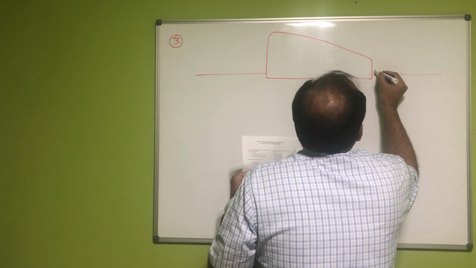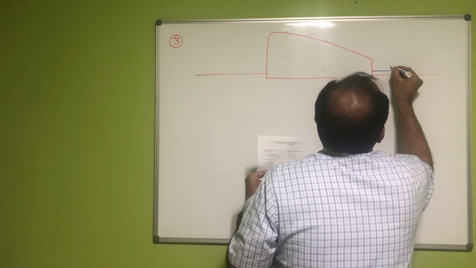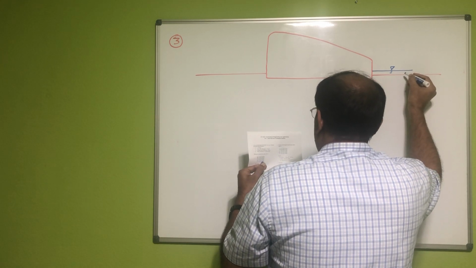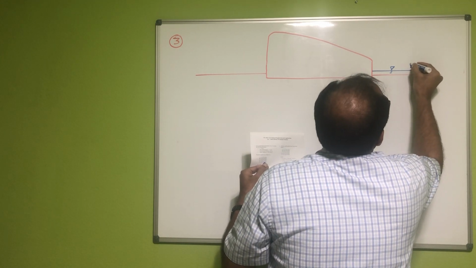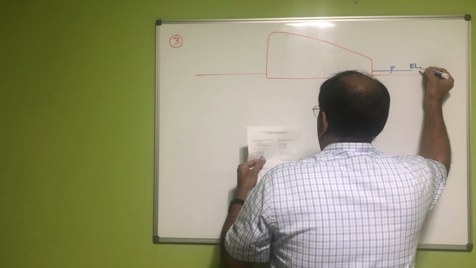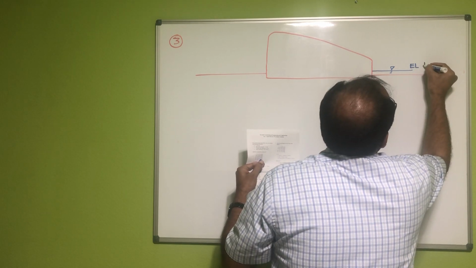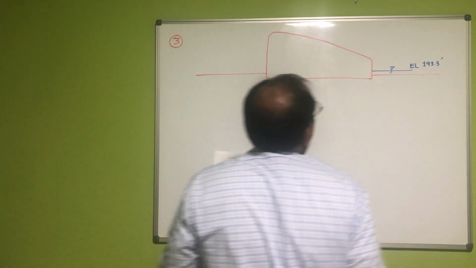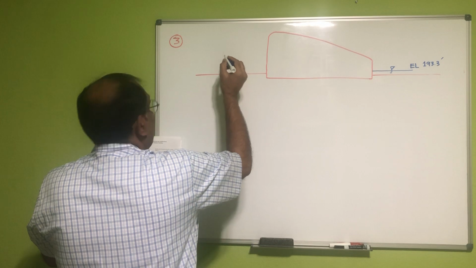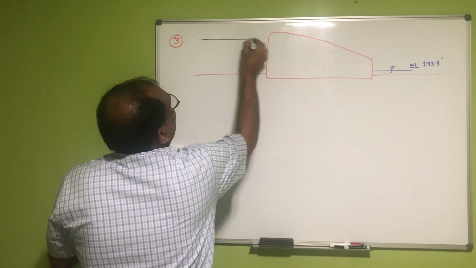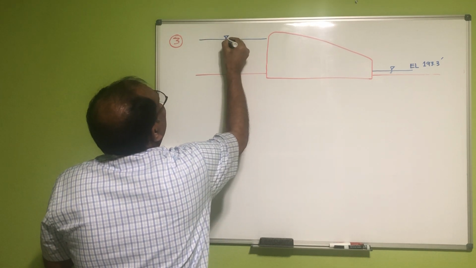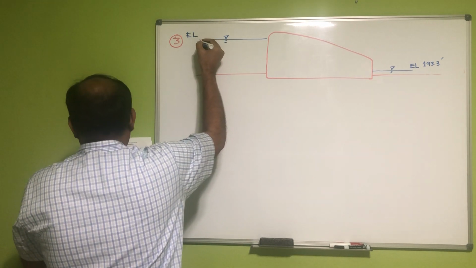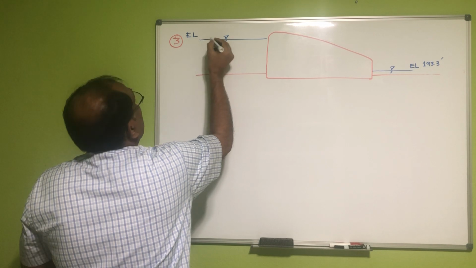we have water here, this side, and the elevation of that side is 193.3 feet. This side elevation is 260.3.